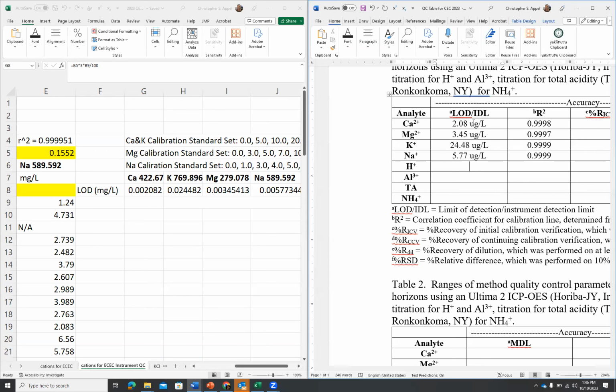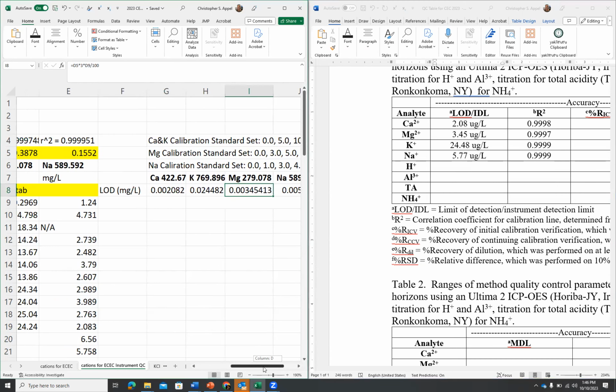Paige, is there a discrepancy? Is there a difference between what you got and what I got? Magnesium is different. You got a value of 0.35. All right. Well, let's see here.